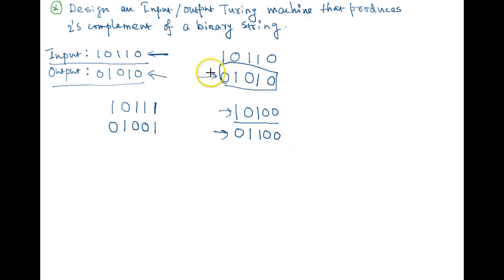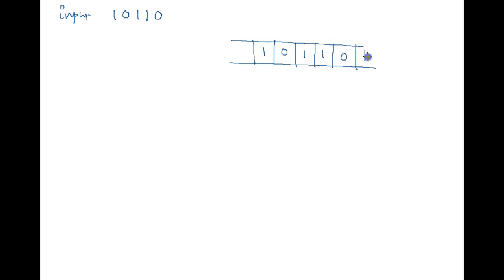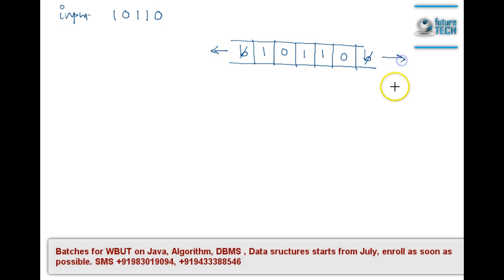Let's do that. So say our input given is 10110, and we are having this on our tape, and we have blank spaces on either side, and the tape is infinite on either side.